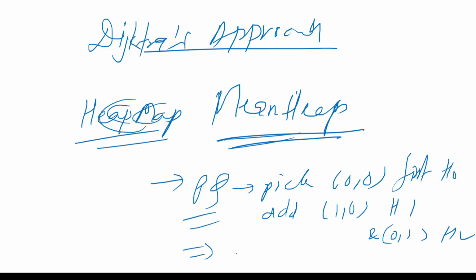Then we'll pick 1, 0 as the next lowest, and similarly we'll keep adding. Add now 1, 1, height is 3. Now we have reached height equal to 3 already, so we have reached here. Like that we will fill here, and we'll keep checking the conditions.